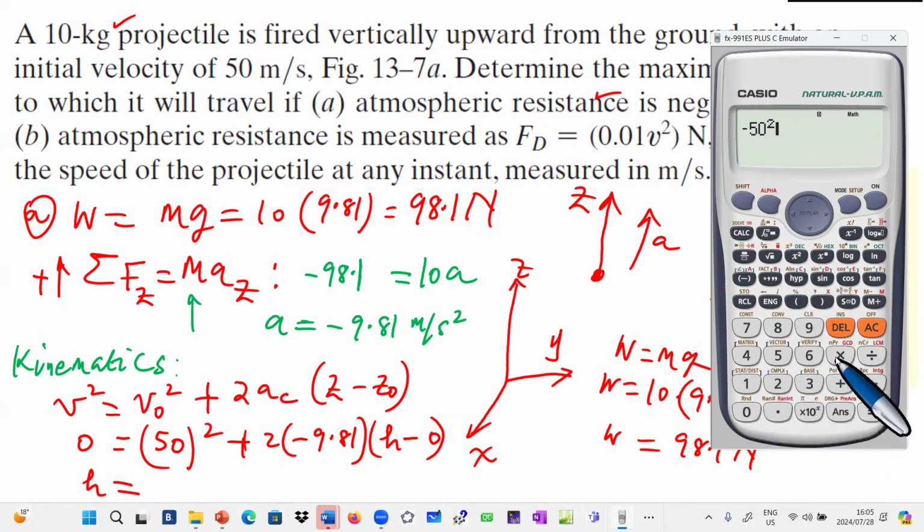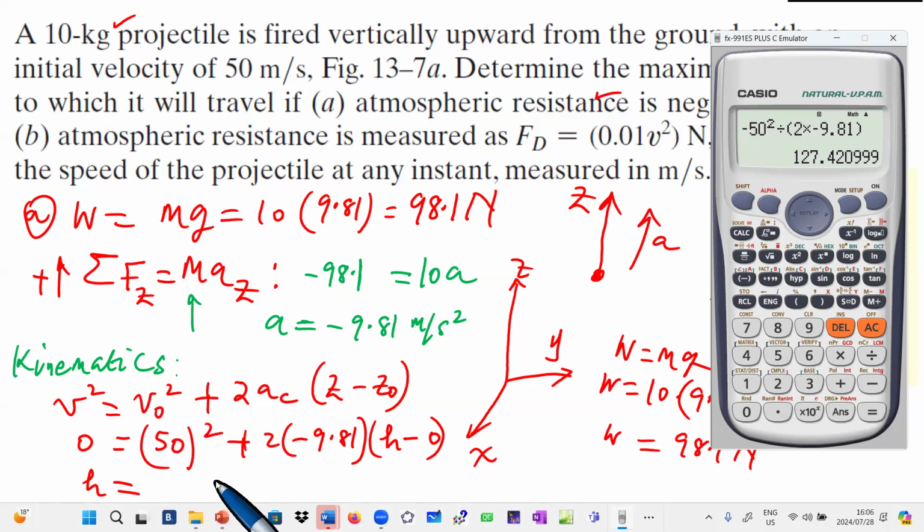Then we divide by open bracket 2 times negative 9.81. Let's see if the calculator can take it. It's taking a multiplication with a negative, and we close the bracket and press equals, and it is 127.42.